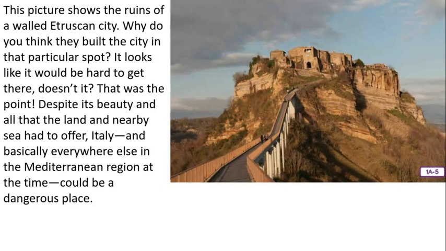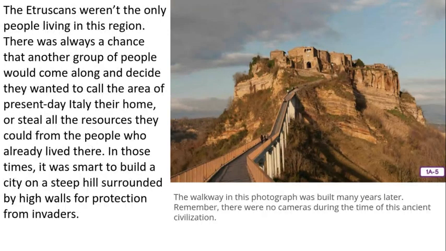Despite its beauty and all that the land and nearby sea had to offer, Italy, and basically everywhere else in the Mediterranean region at the time, could be a dangerous place. The Etruscans weren't the only people living in this region. There was always a chance that another group of people would come along and decide they wanted to call the area of present-day Italy their home, or steal all the resources they could from the people who already lived there.